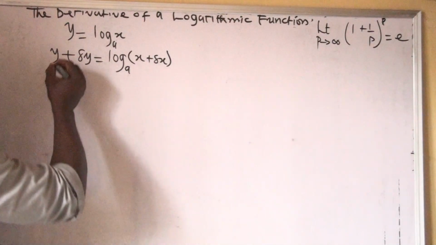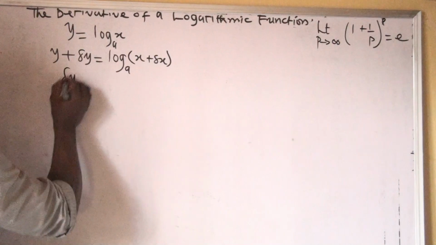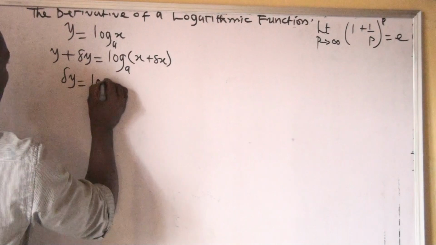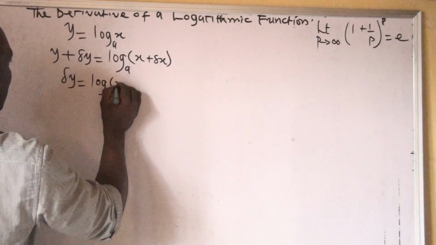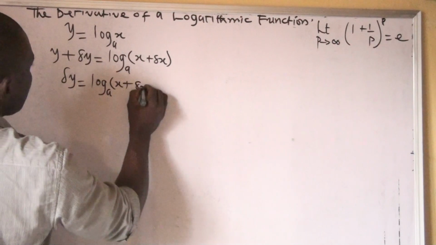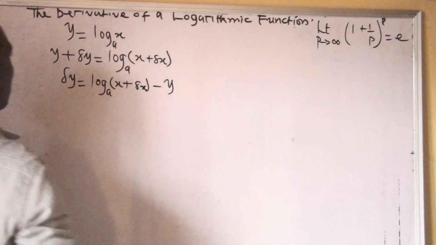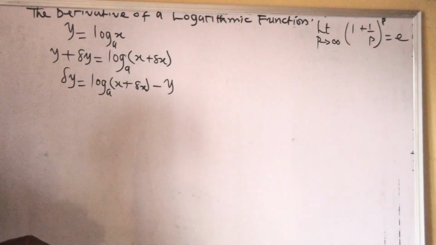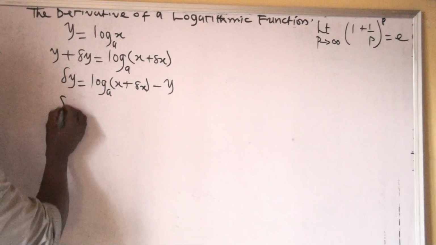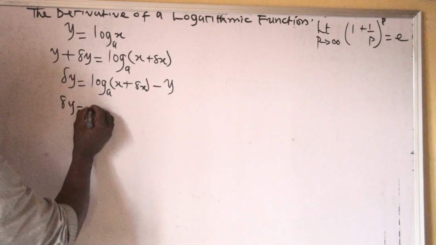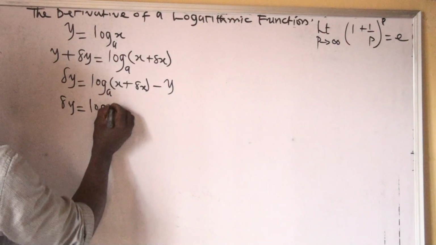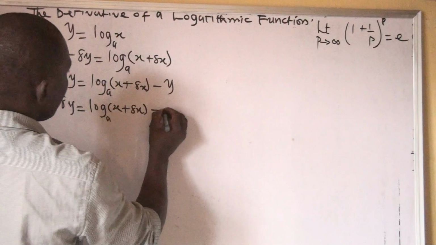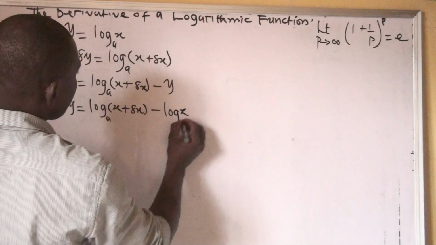Then delta y is equal to log to base a of x plus delta x, minus y, but y is equal to log x to base a.